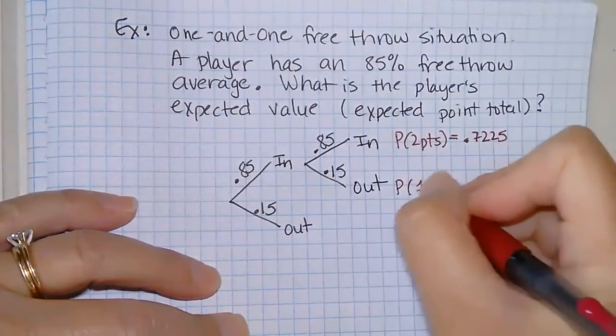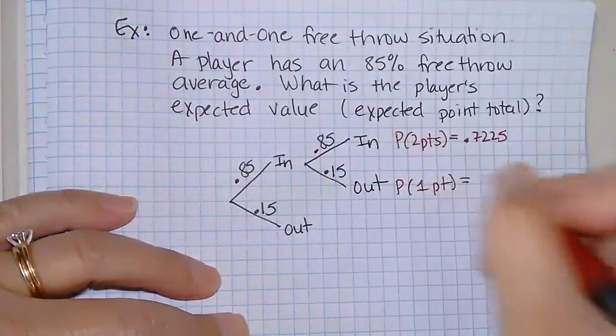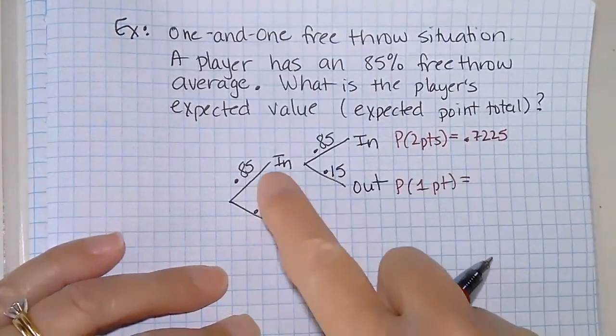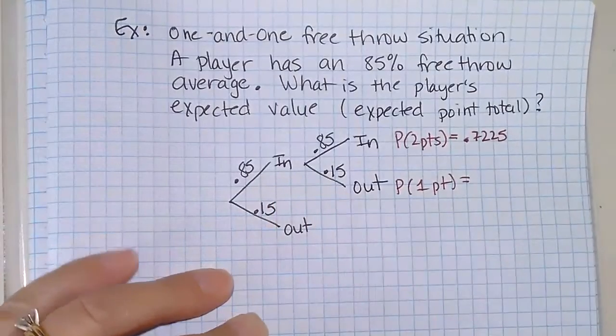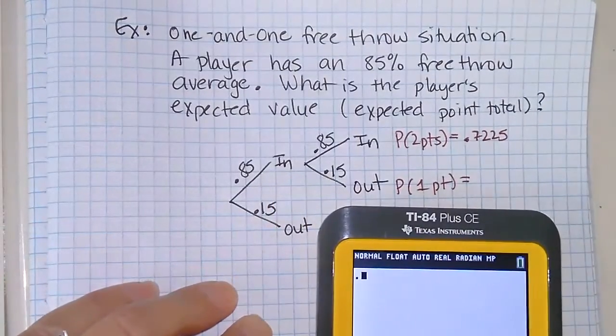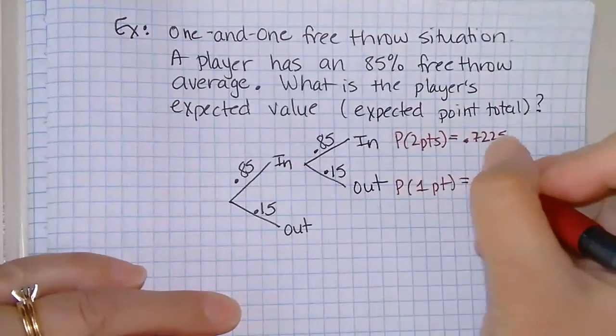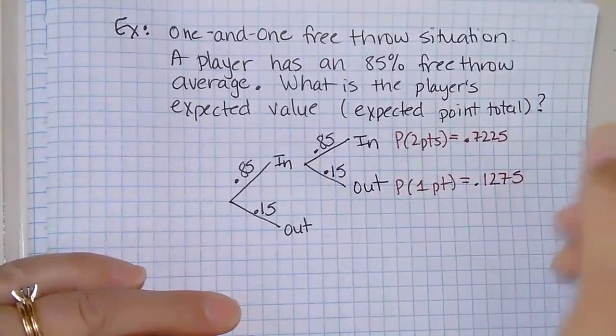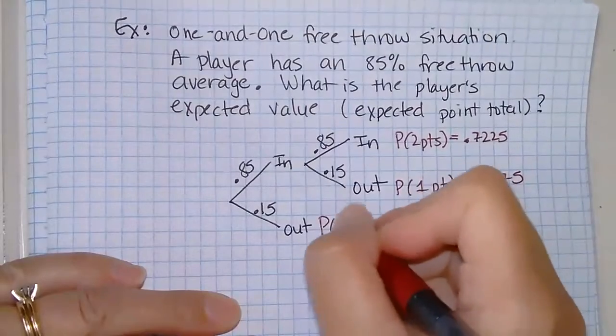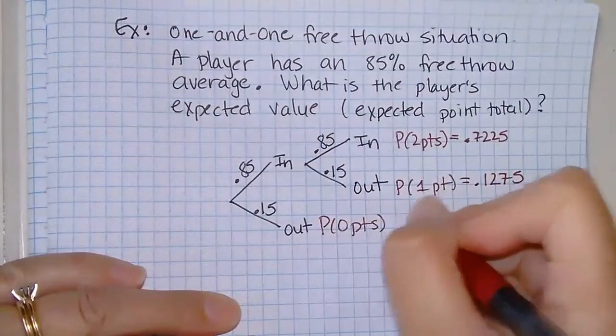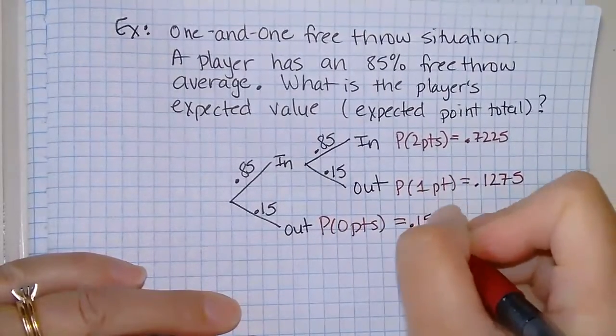Probability of 1 point. Okay, I'm going to take the probability of getting in times the probability of getting out. So that's going to be 0.85 times 0.15, which is 0.1275. And then this one is the probability of 0 points, which is 0.15.